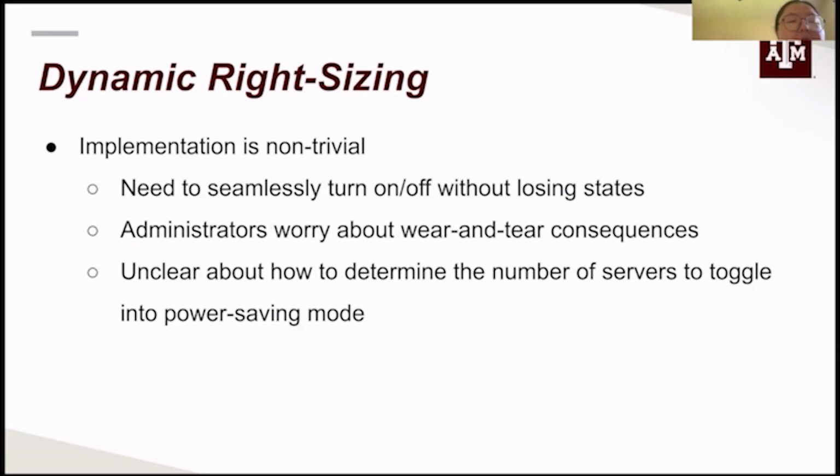That is to say, we all know that turning the machines on and off frequently does no good to the lifespan of the machine. Thirdly, and also most importantly, we are unclear about how many servers we have to turn off during the non-rush hours. This is because we have no prior knowledge about the future, i.e. how many requests are coming for the next time.